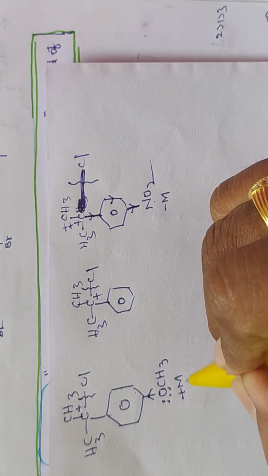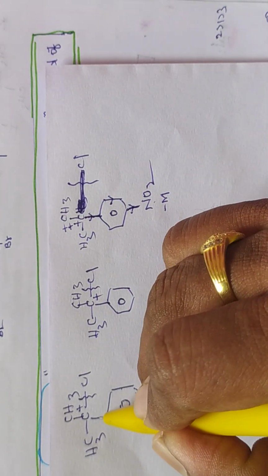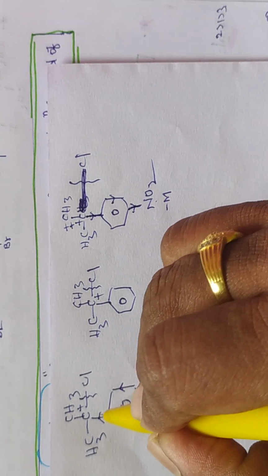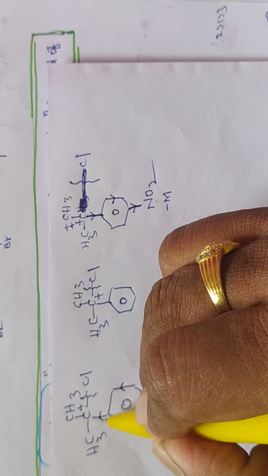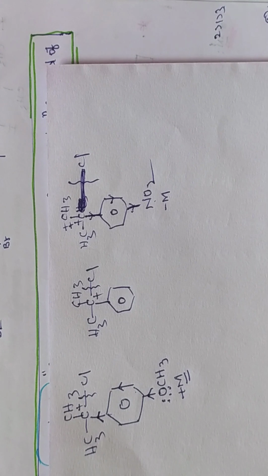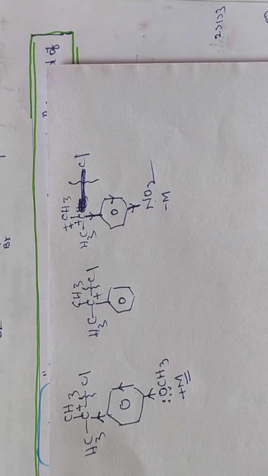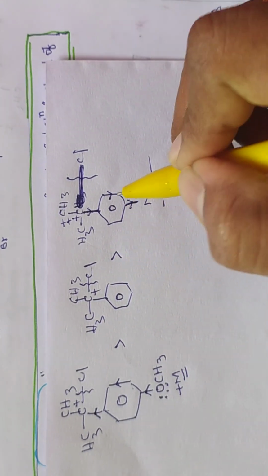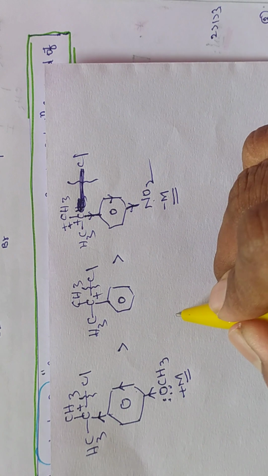The more the electron donating group, the more the stability of the carbocation. See, now this is the electron donating group, so this carbon is receiving more electrons. So therefore that carbocation becomes stabilized. So the stability order is this one. This is more than this because of the withdrawing group.